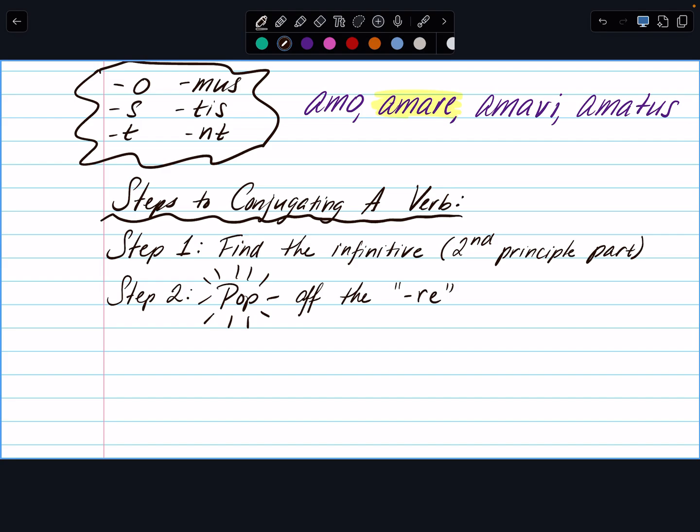Do you remember in your notes, I think it was yesterday, maybe the day before, where we broke down the verb stem versus the ending? Our endings we know are o, s, t, mus, tis, and nt. We found our second principal part. The RE, we're going to get rid of it. So what are we left with? Ama, and that is our verb stem, that very same verb stem we talked about yesterday. That's where it comes from. This is the process.